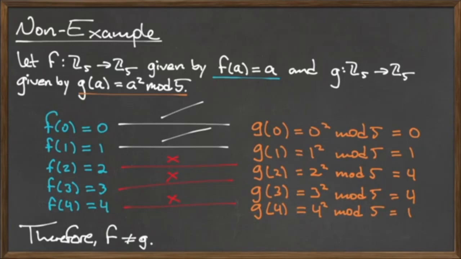The images for 0 and 1 under the functions f and g are the same. However, the images for 2, 3, and 4 under f and g are not the same. Since the output values for f and g do not agree at all input values, we say that f and g are not equal.